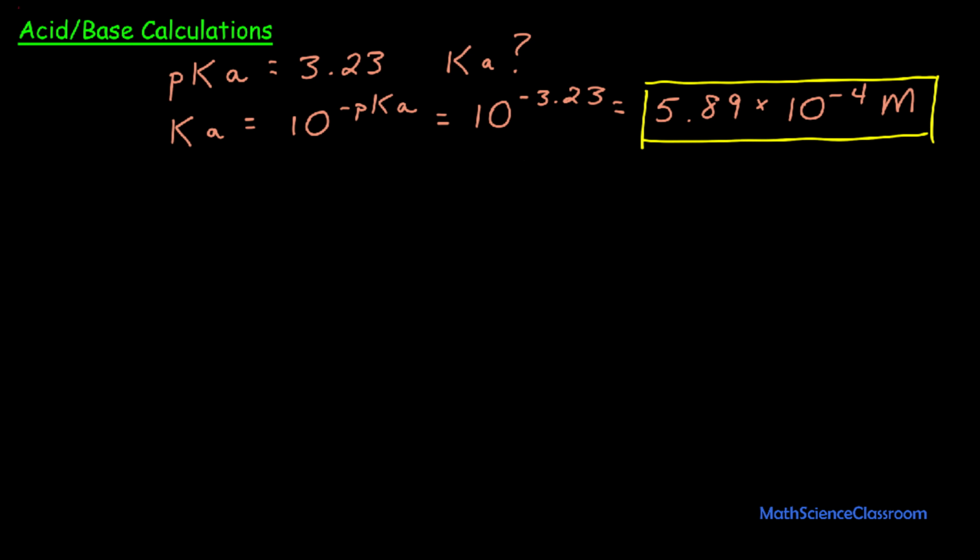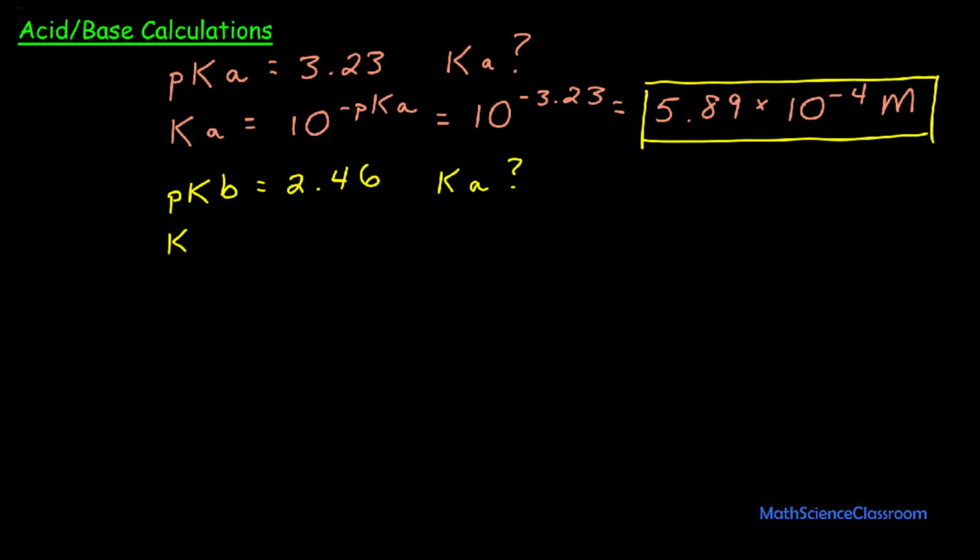So let's do our final problem. You're given a pKb of 2.46. And you are told you must use the Kw value or the dissociation constant of water to calculate the Ka. So our goal is to calculate the Ka using the Kw value. So first, because we're given the pKb, we want to calculate the Kb.